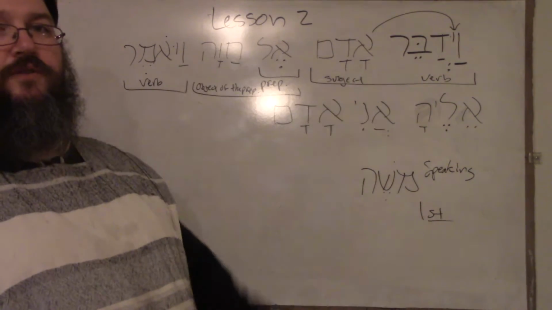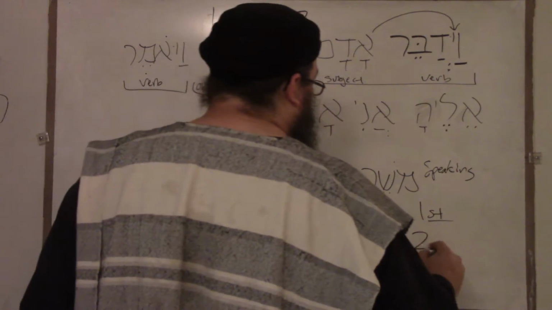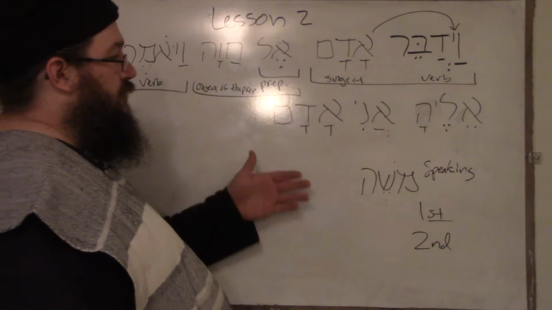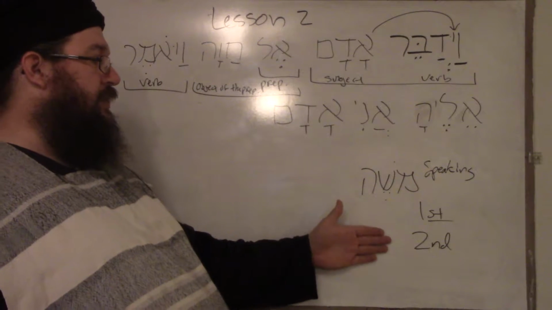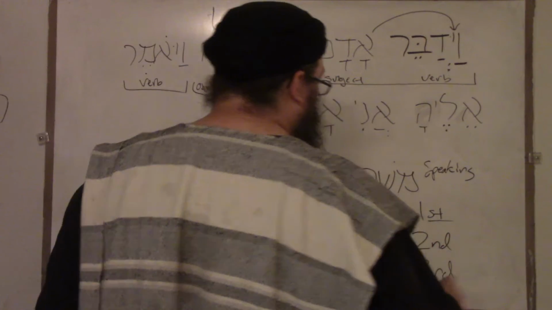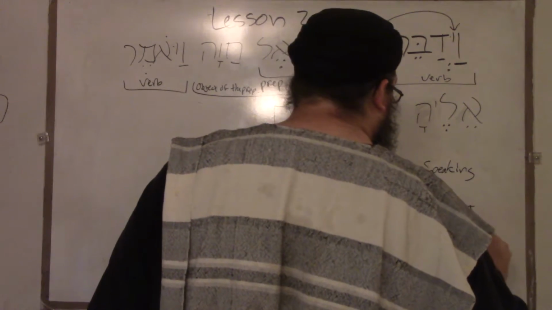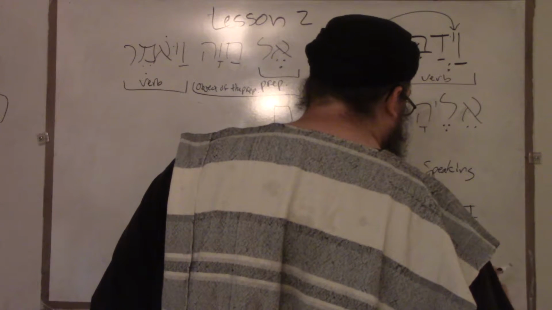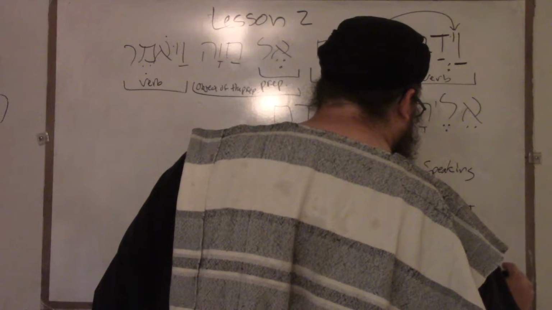If it's directly referring to the person, then we know that he will speak in the second person, okay? So Moshe, when he's going to speak to someone, he'll speak in the second person. When he speaks about someone, we know he's using the third person. So here we have the I, the you, the we, the he, the she, and the they.